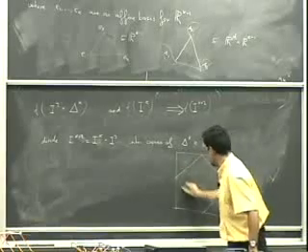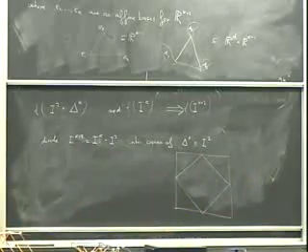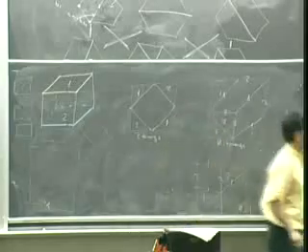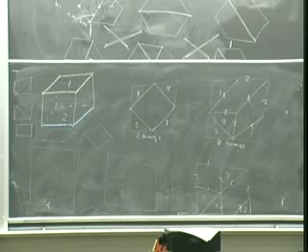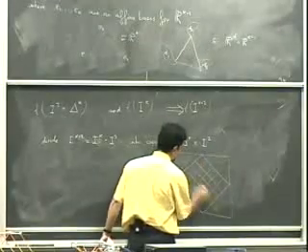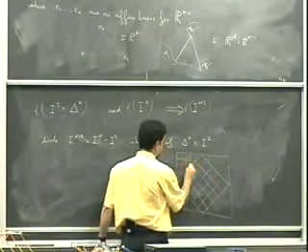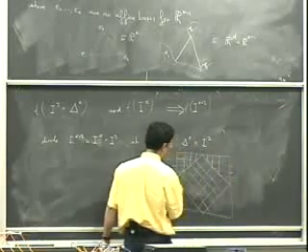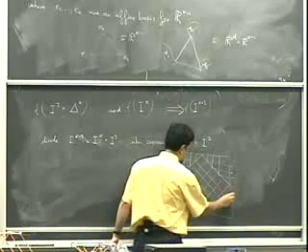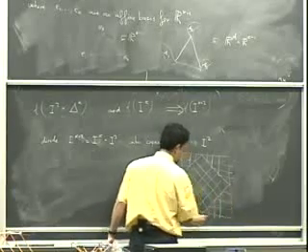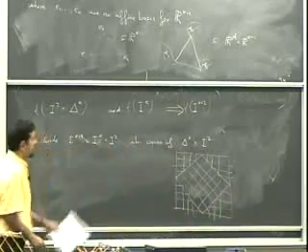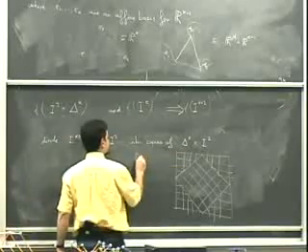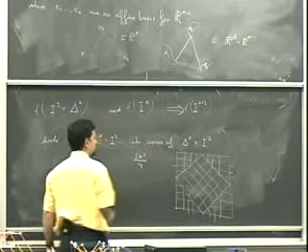It's essentially the same idea you have here. You want to use many of these things, and the way to do it is something like that. This allows you to triangulate this thing with more or less 3k squared over 4 simplices.